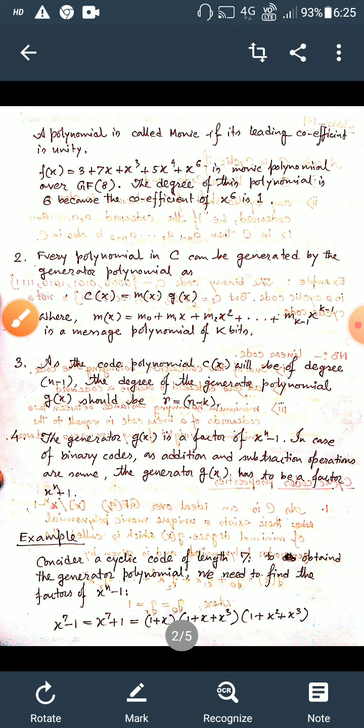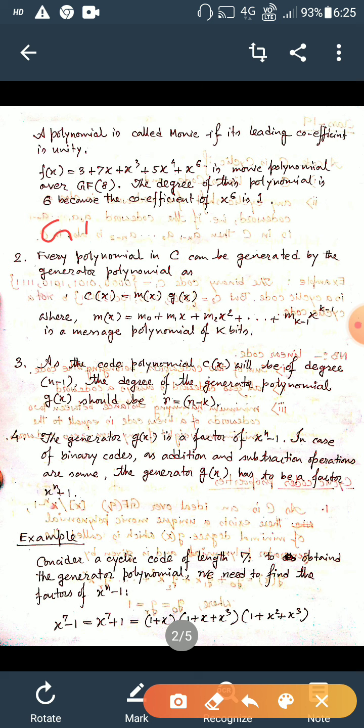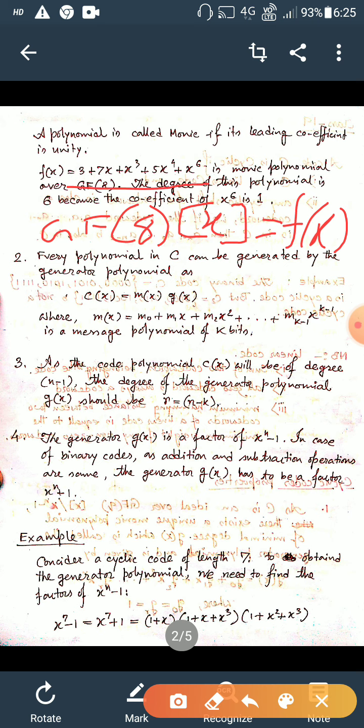This can be written as GF(8)[x], and that is defined as f(x). So this is the ultimate equation, in this example 3 plus 7x plus x cube plus 5x^4 plus x to the power of 6, and this is a monic polynomial.